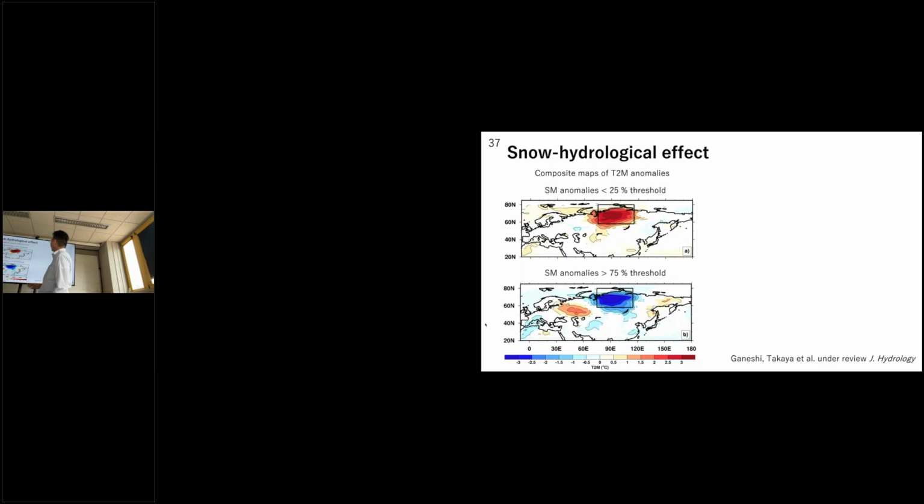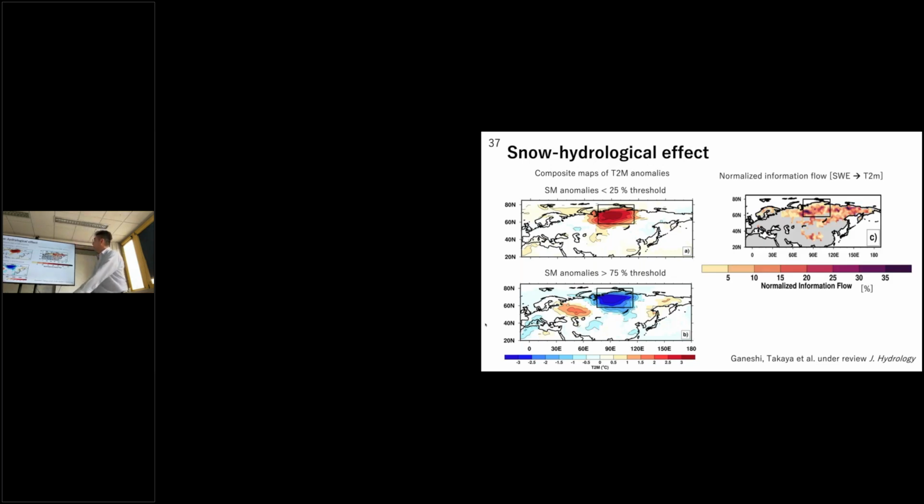Basically, these figures indicate that if we have less soil moisture, we could have a warmer surface air temperature, and if we have more soil moisture, we could have a lower temperature, or vice versa. So we see some association between the soil moisture and surface air temperature.